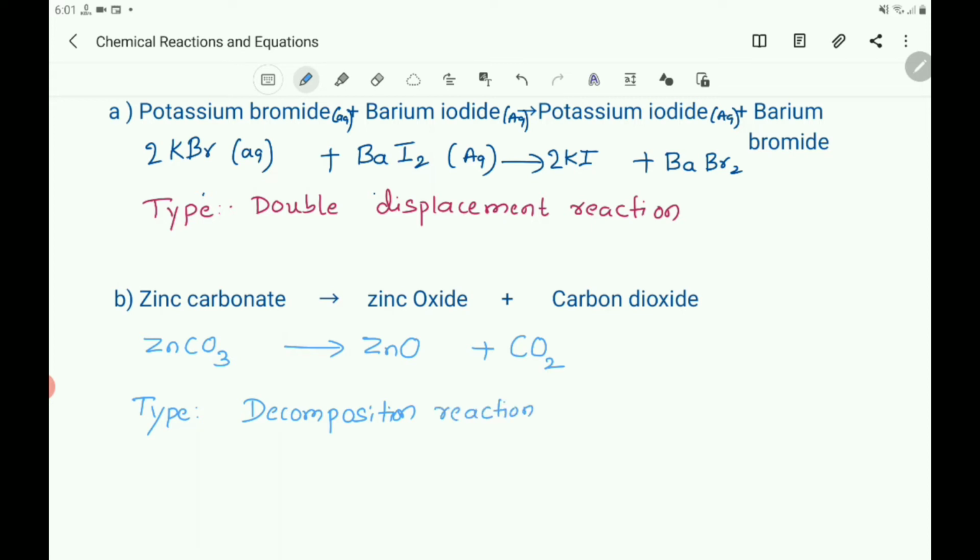If one reactant gives 2 or more products, then the chemical reaction is a decomposition reaction. It is a decomposition reaction, as one reactant gives 2 products.